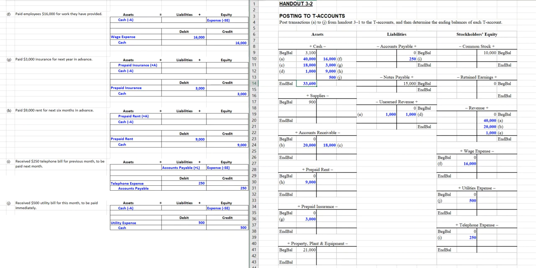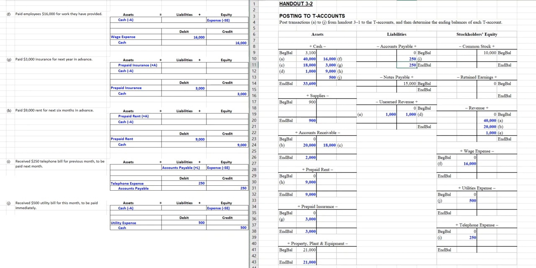And we've got to hope that all of our assets have their natural or normal balance, which is a debit balance. Supplies were at $900. Accounts receivable, we had $20,000 in debits, $18,000 in credits, leaving us with a $2,000 debit balance. Prepaid rent, $9,000. Prepaid insurance, $3,000. Plant, property, and equipment, $21,000.